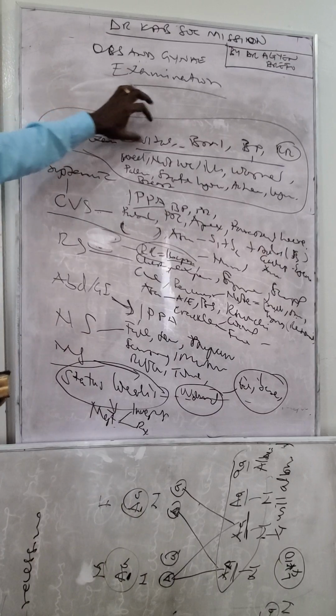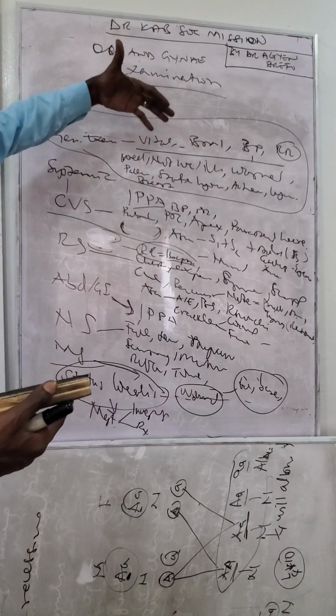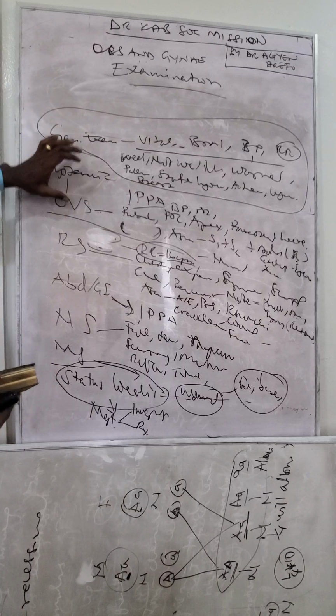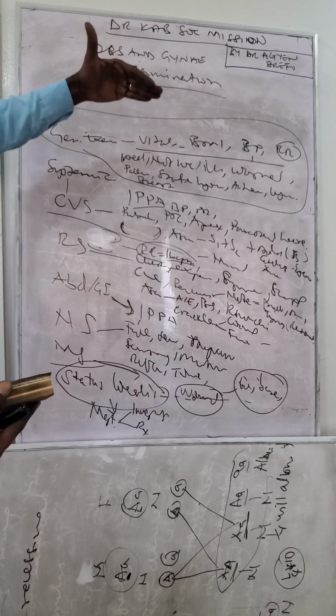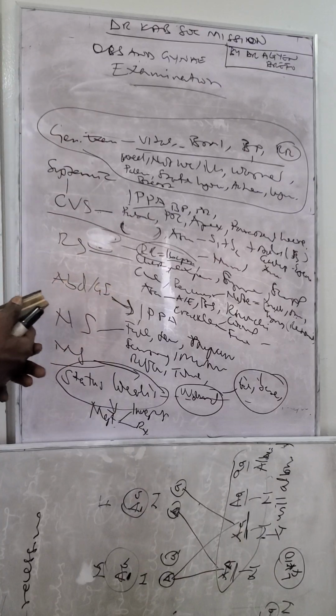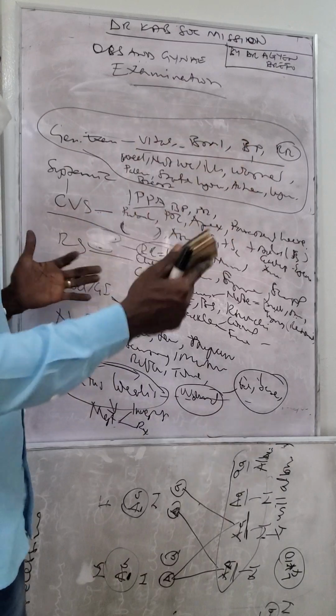So the examination: general examination, vitals, beginning, general state, your thyroid or neck, the breast examination comes in. Right, the cardiovascular, you are looking at your BP, your pulse, those peripheral pulses, alternations, delays, radial, and so on, the left and right compared.